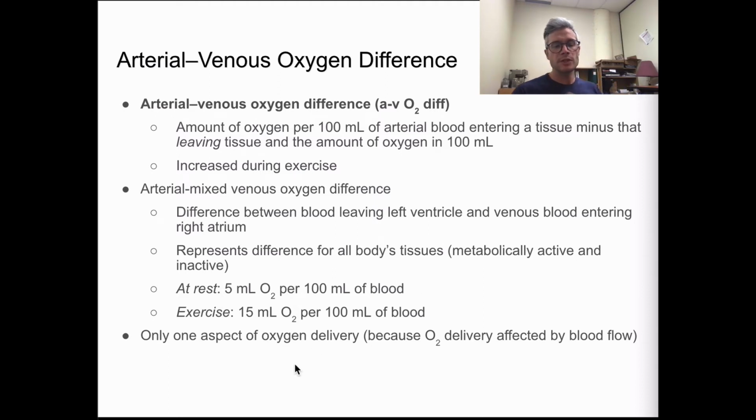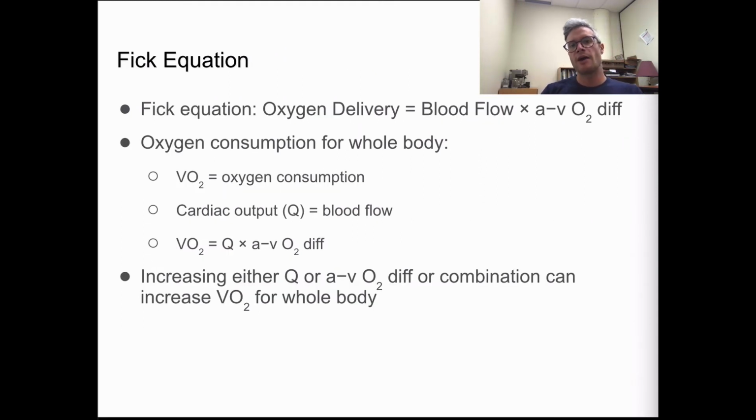Okay. All right, so that's one aspect of how we deliver oxygen to our bodies and how exercise will change that. So again, more metabolically active tissues will pull more oxygen out of blood, but we also have blood flow. Now, we spoke about this a little bit beforehand, earlier in our discussion, but oxygen delivery, now we can look at the whole equation put together, is blood flow times our AVO2 difference, right?